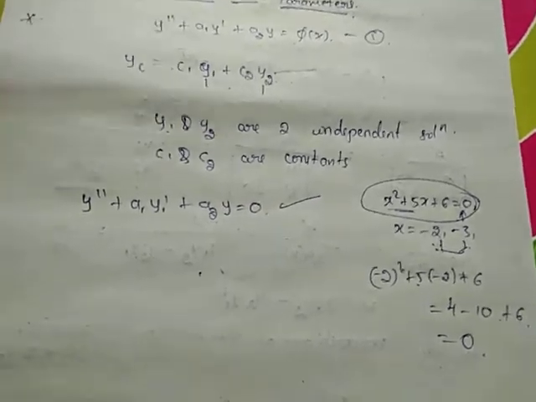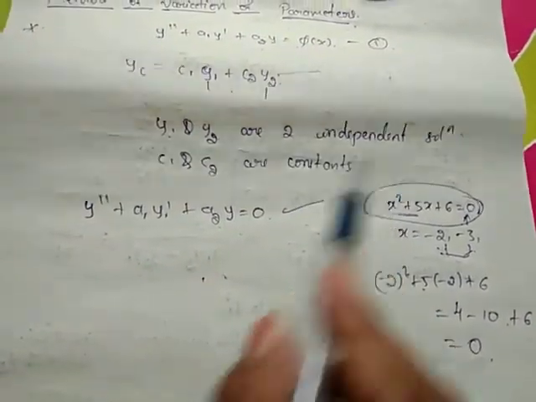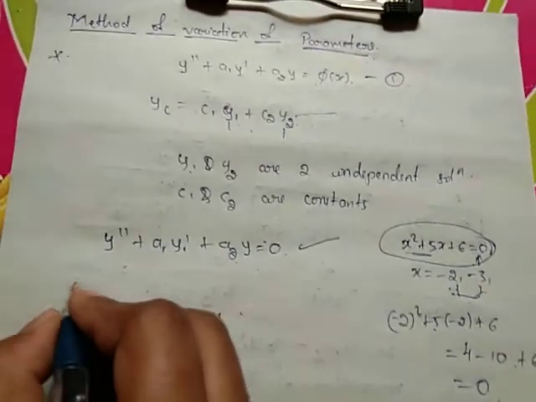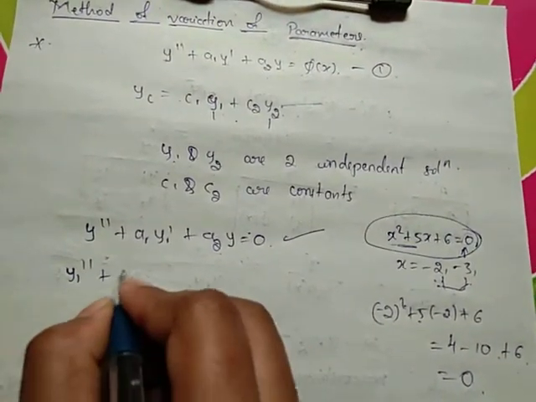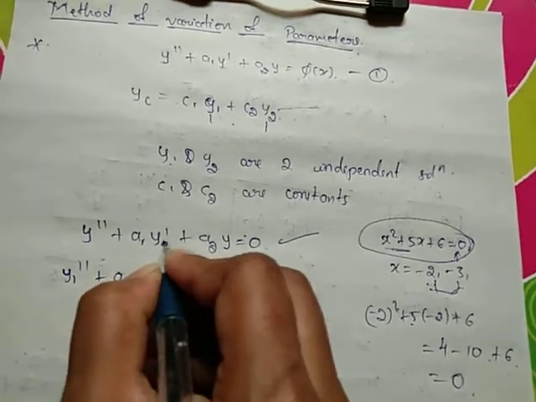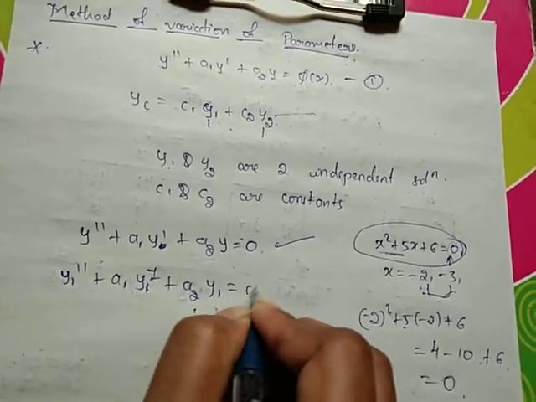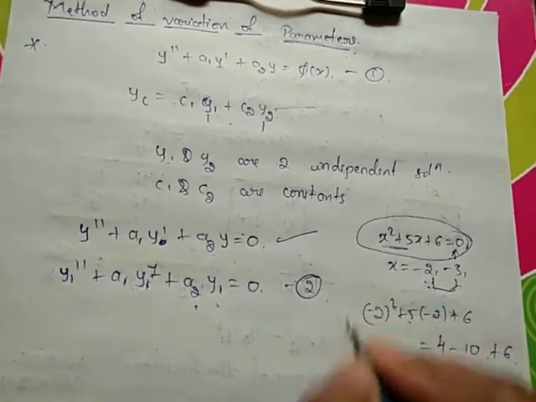In the same manner, if y1 and y2 are the two independent solutions of this equation, they should also satisfy the condition y1 double dash plus a1 y1 dash plus a2 y1 equal to 0. Call this equation 2.